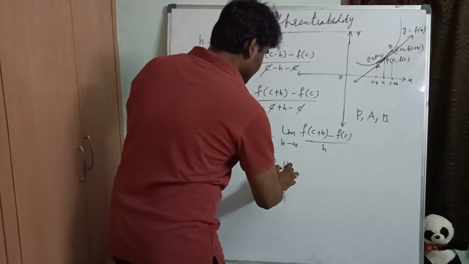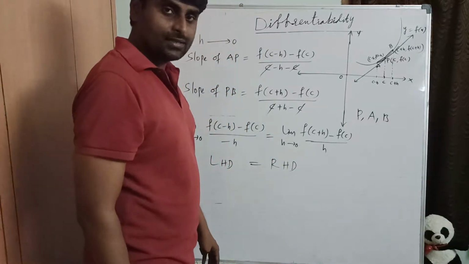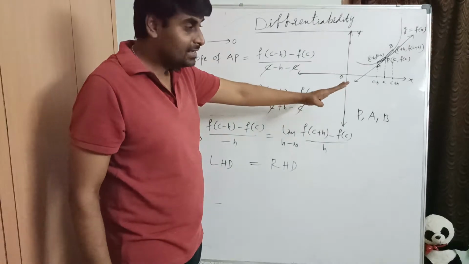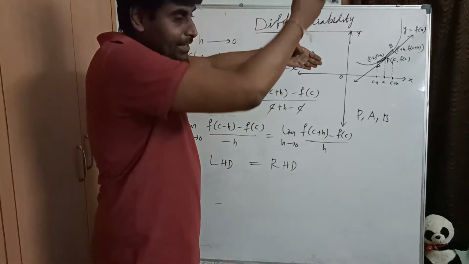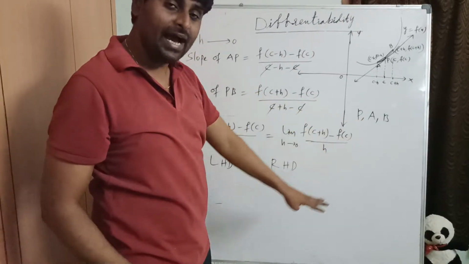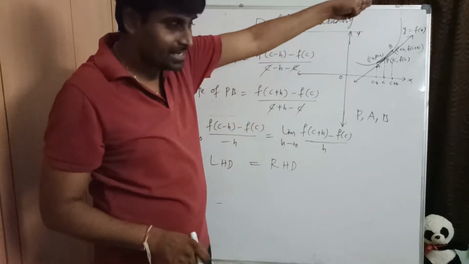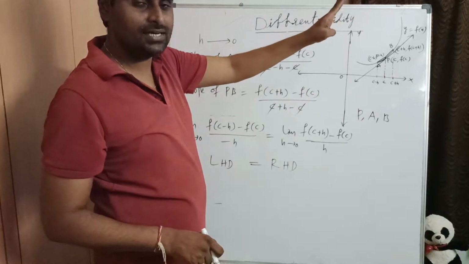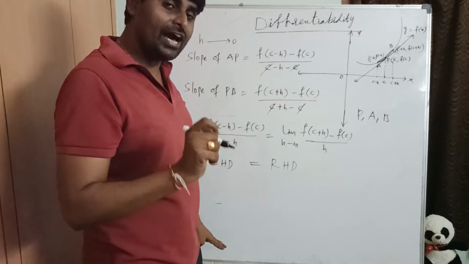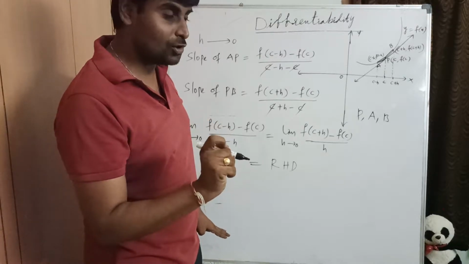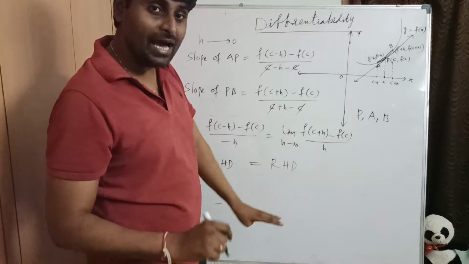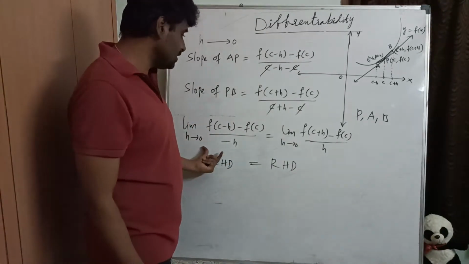Whenever both are equal, then the PA line segment and PB line segment will be equal. Then we are going to get one and only one point P. P, A, B, all points will coincide and we'll be able to draw one line segment which is a tangent for that curve. Then only is a tangent possible, and we get a finite slope at that point P. So this all happens when LHD equals RHD.